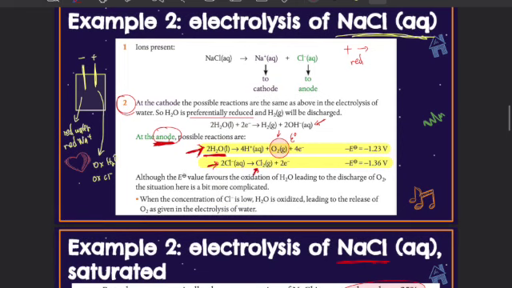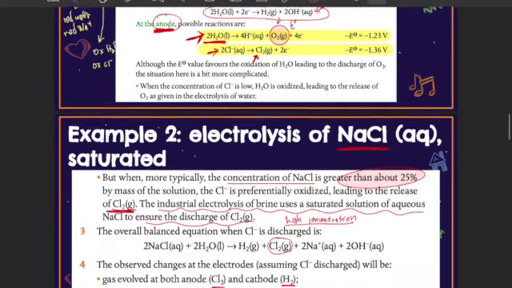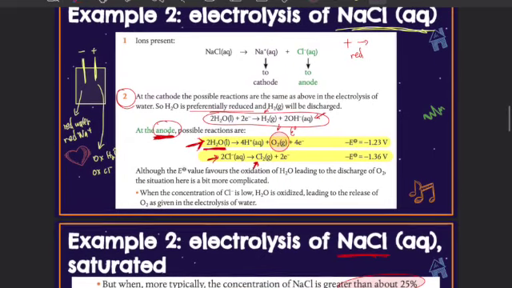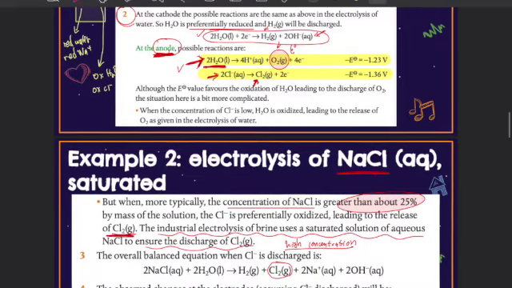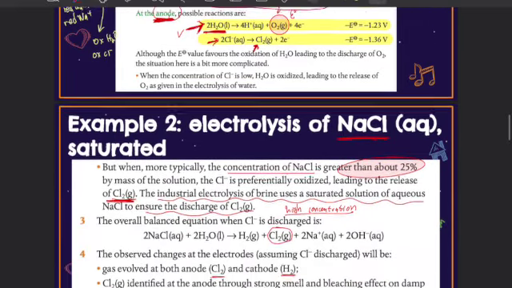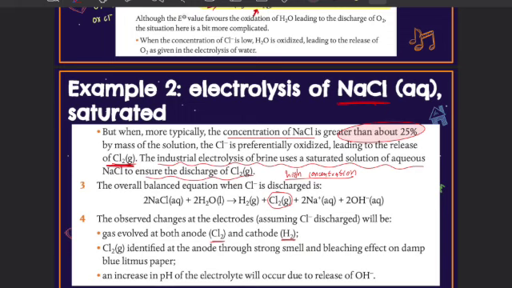You don't affect the cathode. You still prefer making the hydrogen over the Na plus. I suspect that it has something to do with how different in terms of the electrode potentials water and Na are versus water and chlorine. The water and Na are further apart. But this is an example you should be familiar with specifically.